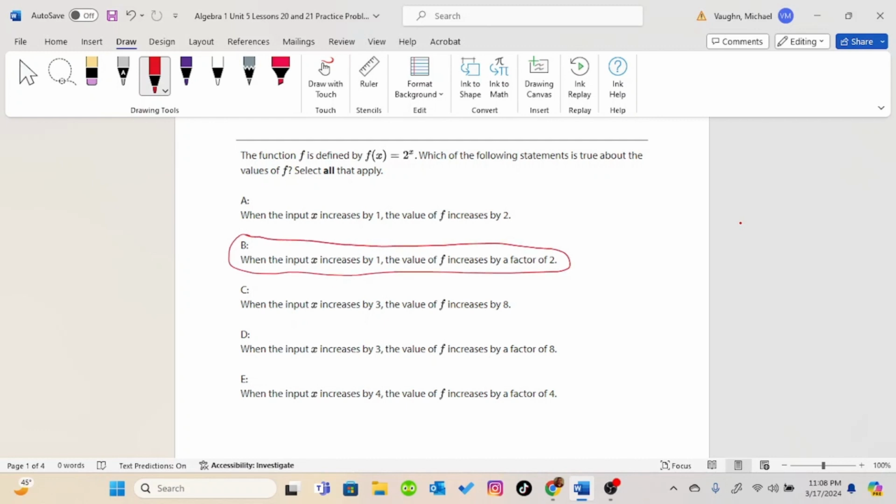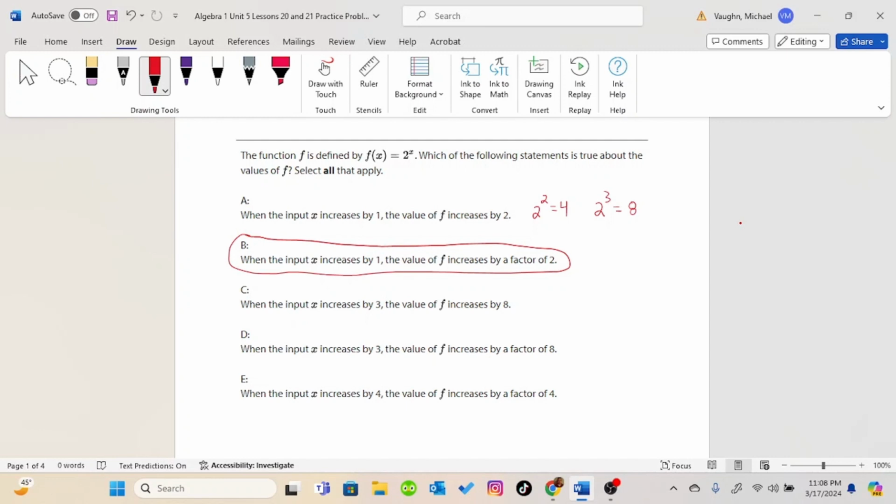And a simple explanation for this, 2 squared equals 4, but 2 cubed equals 8. We did not increase by 2, we increased by a factor of 2.